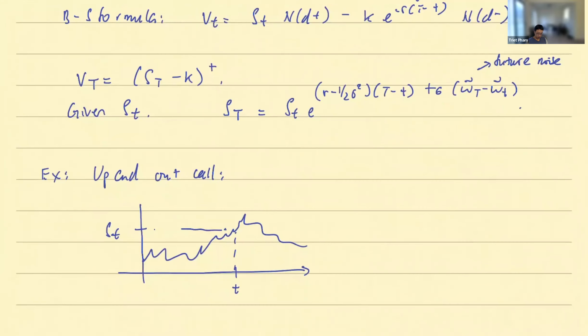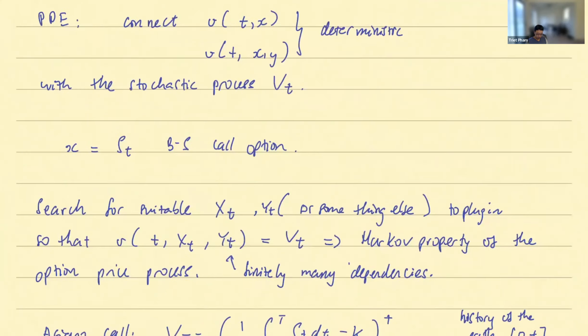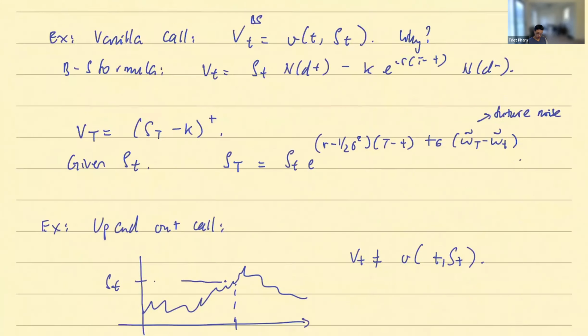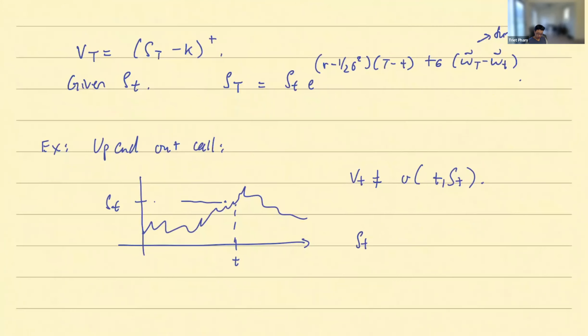So in other words, V_t, the value of the call option, is not exactly V(t, S_t) in this case. Why? Because starting from S_t, you can generate the whole future path.